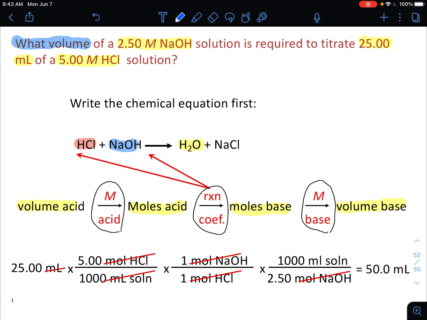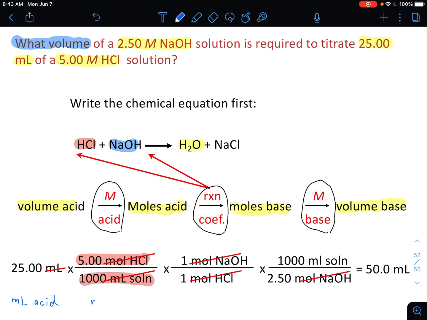So we start with our 25 milliliters, which is our milliliters of acid. Then the molarity of acid we have as 5 moles per 1,000 milliliters. So we're getting out of milliliters and into moles in one step, right? Rather than writing moles per liter, we're writing moles per 1,000 milliliters.